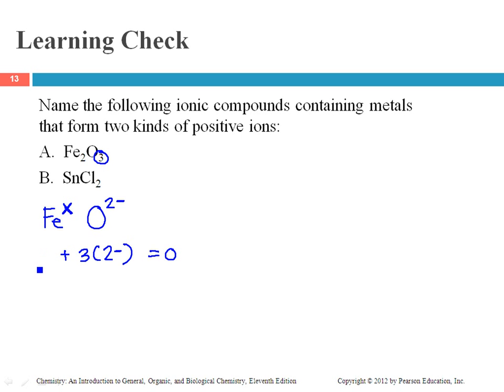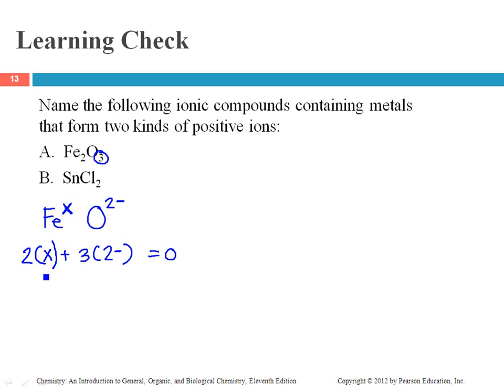So what's going to have to be the oxidation state or the ionic charge for iron? We can't forget here that we have 2 iron atoms given to us in the formula. So basically we're solving for x. 2 times what number plus -6 will give us 0.